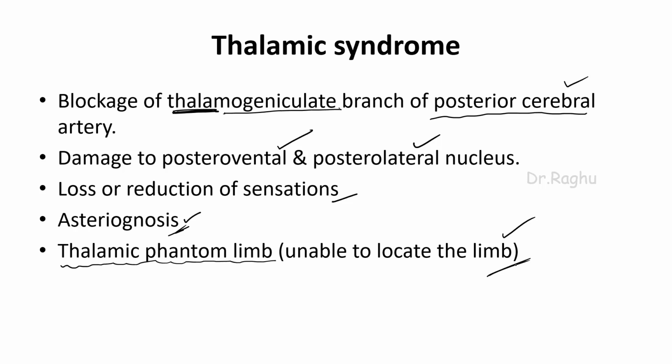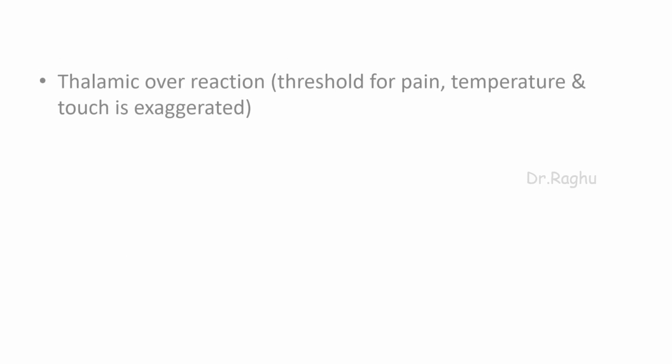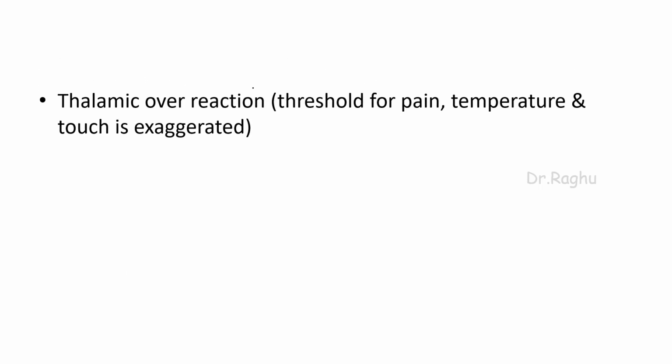Why? Because the sensations which are coming from the limbs are not processed in the thalamus because of the blockage of these arteries. Next, there is going to be also one more peculiar feature of the thalamic syndrome, which is called thalamic overreaction. Now, till this point, I am telling you that there will be a loss or a reduction of the sensation, and the person is unable to know where his limb is. That is called the phantom limb.